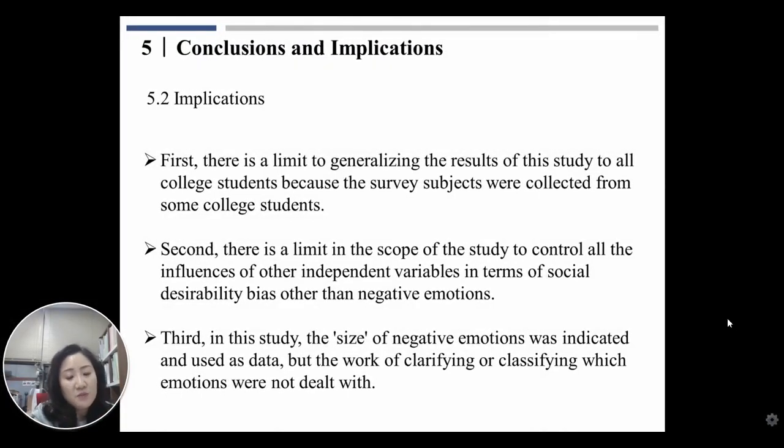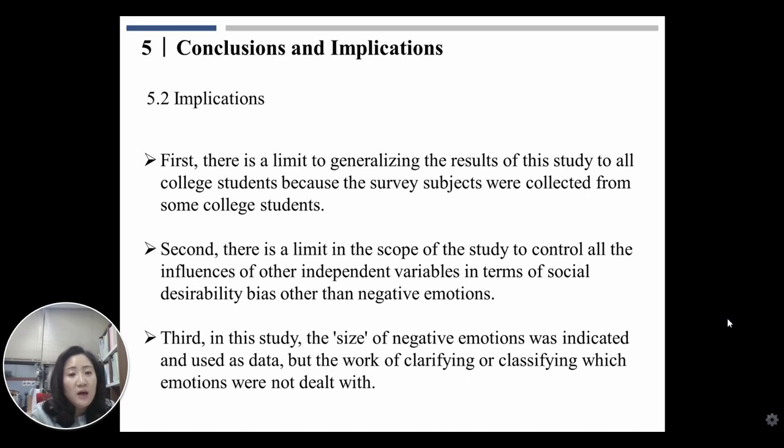Despite the positive implications of this research, this study has the following limitations. First, there is a limit to generalizing the result of this study to all college students because the survey subjects were collected from some college students.